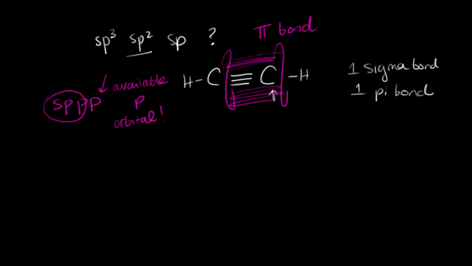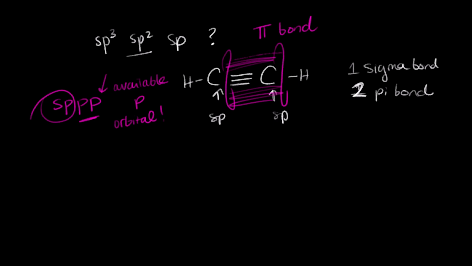Now we're sp hybridized, right? So that's telling us that we have 2 available p orbitals now, which is, again, important because now we're going to have 2 pi bonds instead of 1.